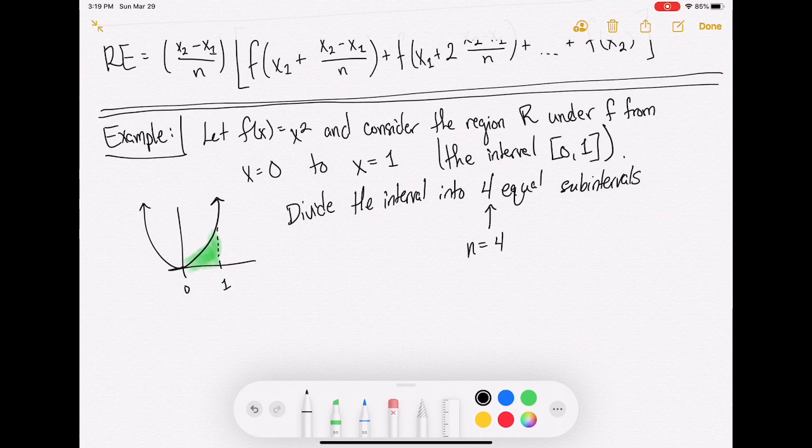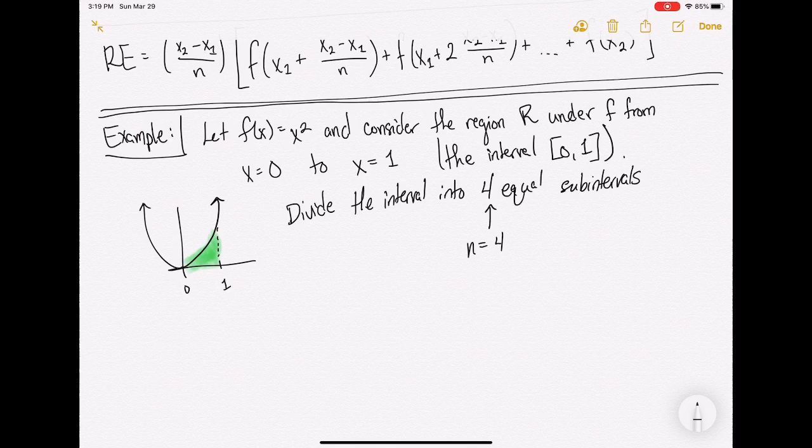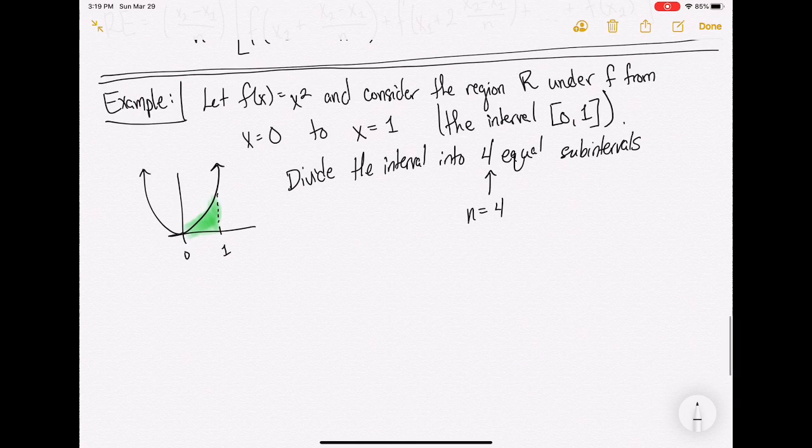And then it says approximate the area using the midpoint rule.